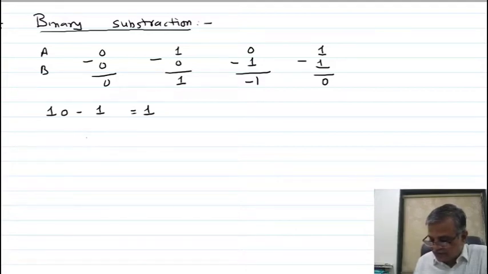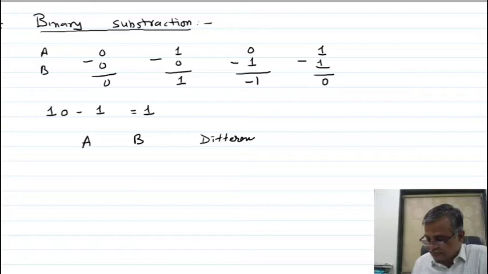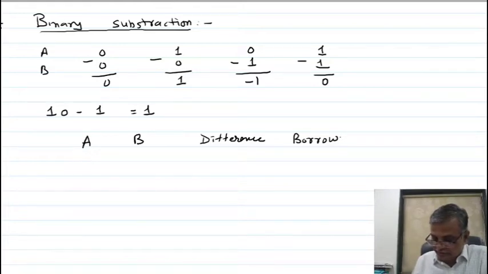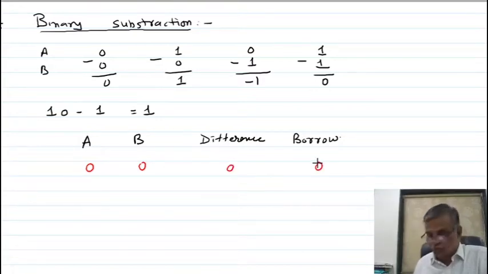This is your A, B, difference, and borrow taken from the previous one. 0 minus 0, difference is 0, borrow is 0. You have not taken borrow. This is 1, this is 0. What is the difference between these two? 1. Have you taken any borrow? No. So I am writing 0.